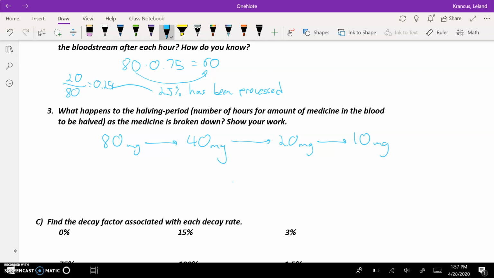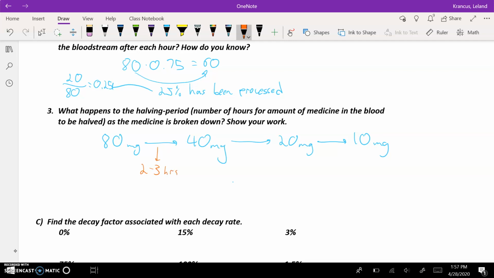Now, hopefully at this point you're predicting that it's the same amount of time for each interval. So if you take your exponential equation, you do 80 times 0.75 times 0.75 times 0.75, you'll notice that you have to do it between 2 and 3 times for each of these. So it's between 2 and 3 hours to be cut in half.